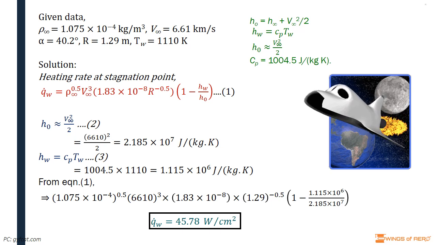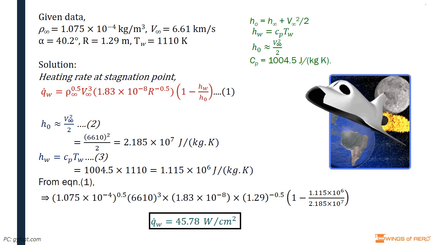Here we don't know the values of h_W and h_0. At hypersonic speeds, V infinity is very large. Also, the ambient air far ahead of the vehicle is relatively cool. Hence, enthalpy at the wall h_W, equal to C_P × T_W, is relatively small.